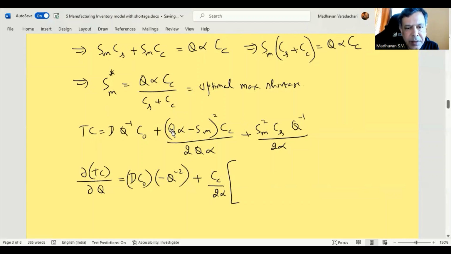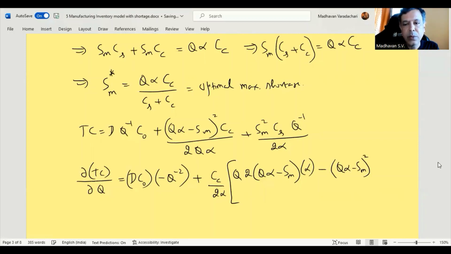And then you will be left with this (Q alpha minus Sm) the square divided by Q. It is like U by V. So when we differentiate, it is V du by dx, sorry, du by dx means 2 times (Q alpha minus Sm) times alpha, minus U dv by dx, that is (Q alpha minus Sm) the square, and if I differentiate the denominator Q, it is simply 1. Whole thing divided by Q square.